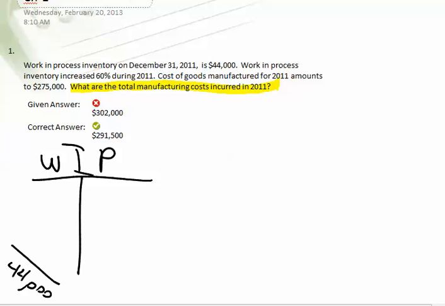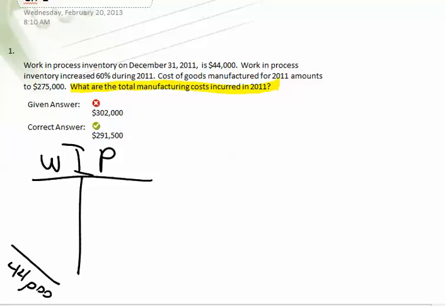So that 44,000 is 160% of the beginning inventory. You follow that? If the inventory during the year increased by 60%, then we have a 60% increase, and that's what this 44,000 is. So that's going to be equal to a 160% value.